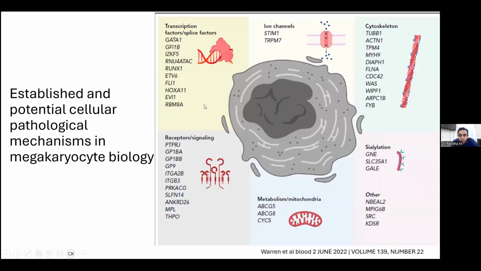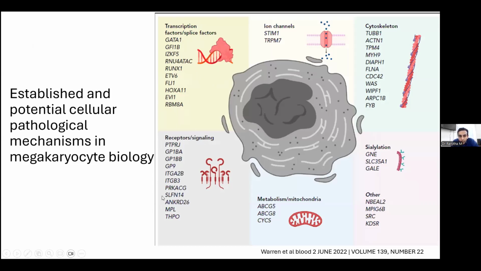This cartoon, which I got from one of the recent Blood journals, tells us how there are cellular pathological mechanisms at some of the things which we looked at in our cases today. Some of them, like RUNX1 and ETV6, we are also familiar with in malignancies, and they play a role in transcription at various cell lines.